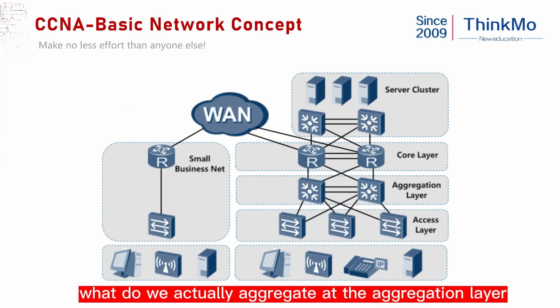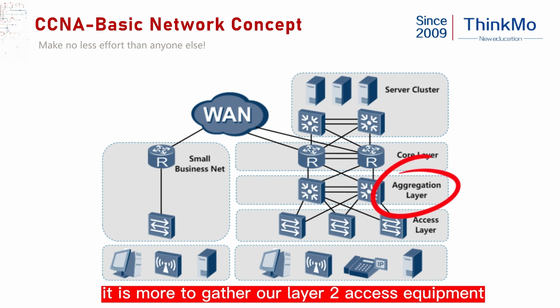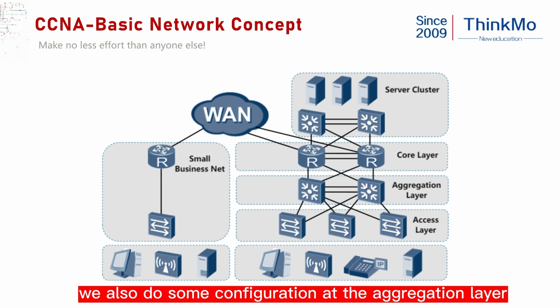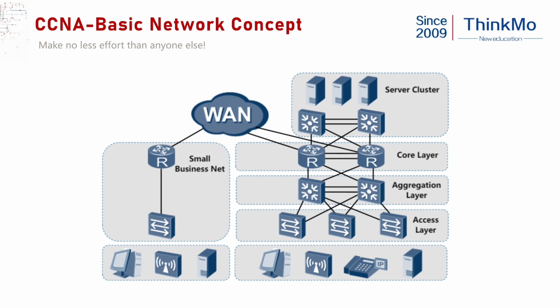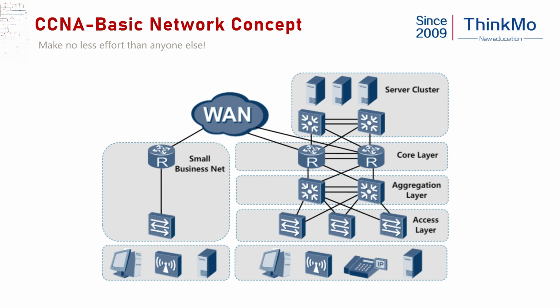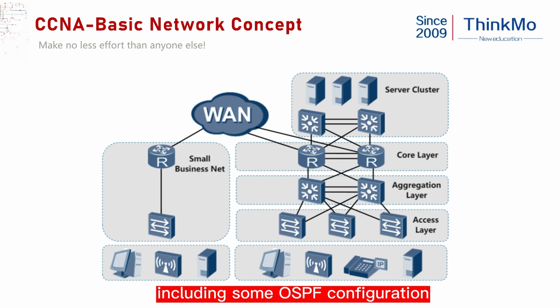So what do we actually aggregate at the aggregation layer? It is more to gather our layer 2 access equipment. Generally, we also do some configuration at the aggregation layer, for example, gateway configuration for devices, some OSPF configuration, and some DHCP configuration.